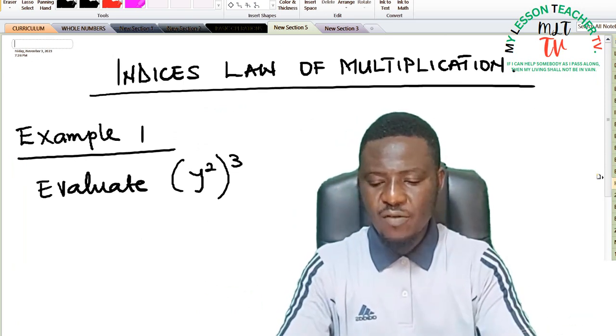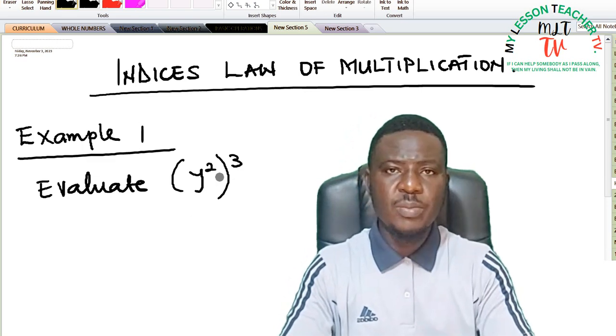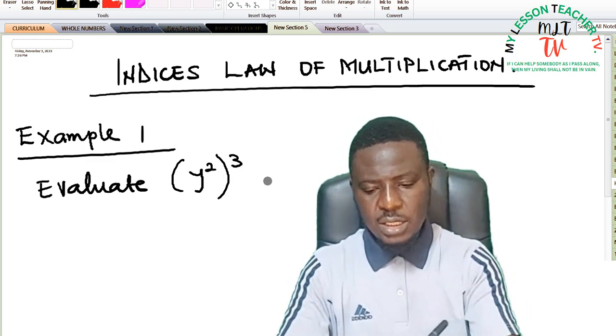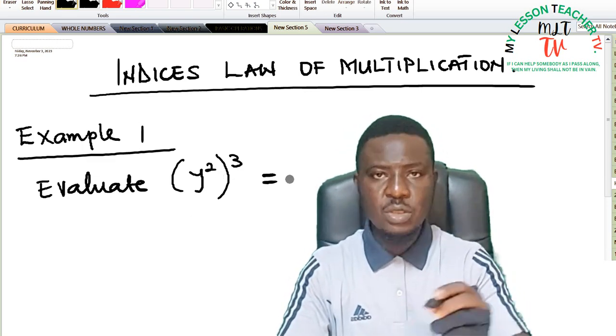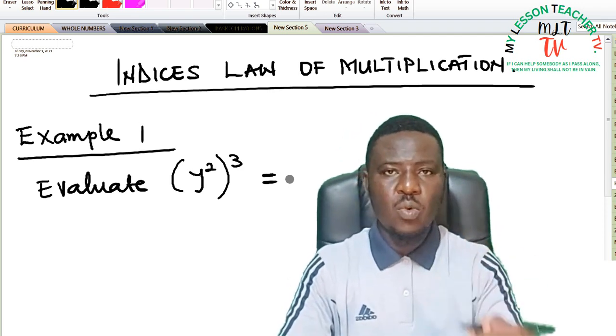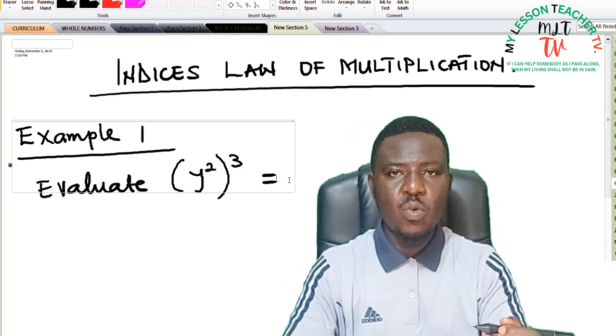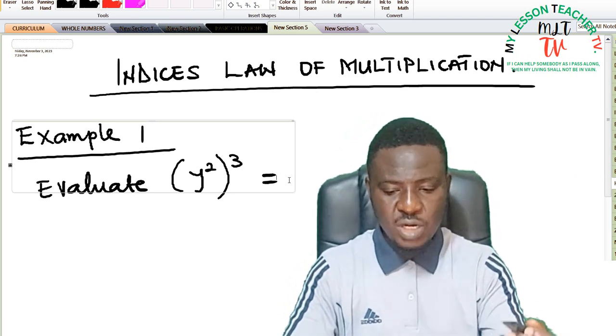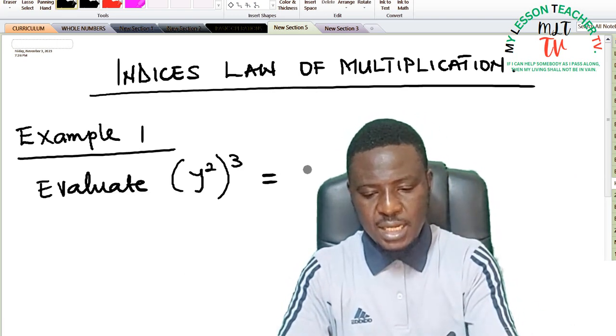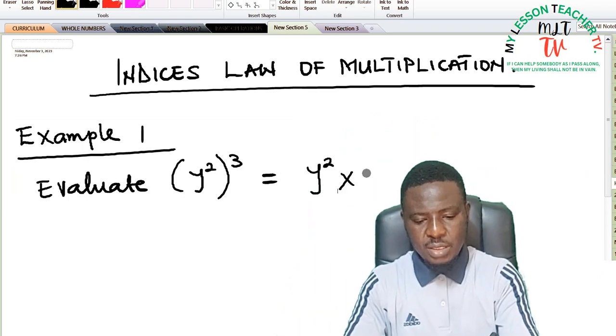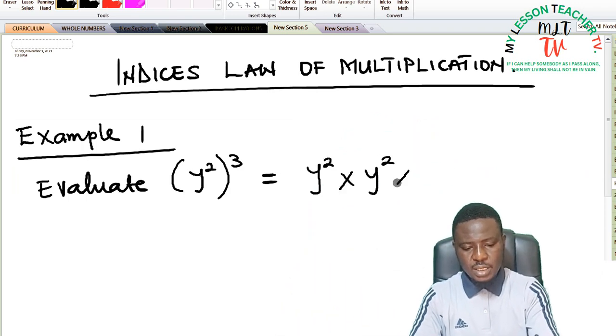Example 1 says we should evaluate (y squared) all raised to the power of 3. If we are to use the expansion method, we already know that y squared raised to the power of 3 simply means y squared multiplying itself 3 times, which can be expressed as y squared times y squared times y squared.